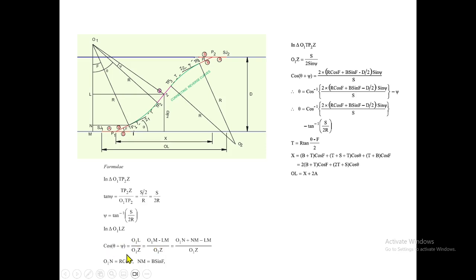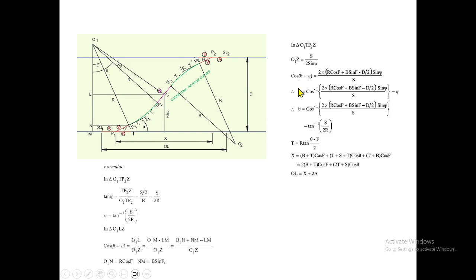Now substituting everything here, cos of theta plus psi equals, so entire components are there: O1N, NM minus LM divided by O1Z, we are substituting it. Everything we have found out: O1N equals R cos f, NM equals B sin f, and O1Z equals S by 2 sin psi. So substituting everything, we got this equation.